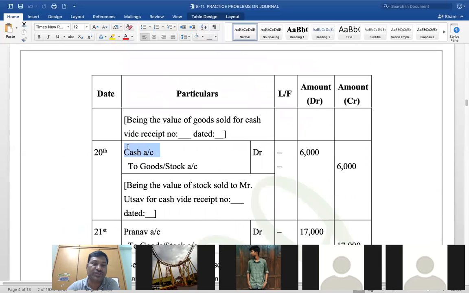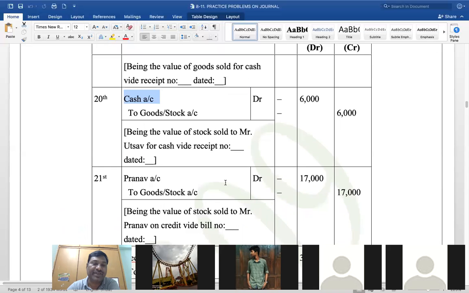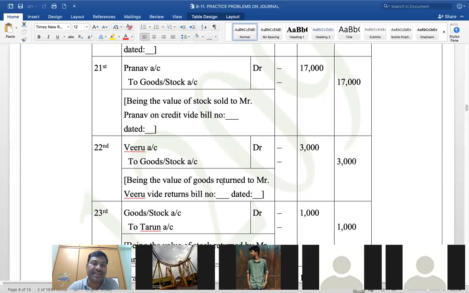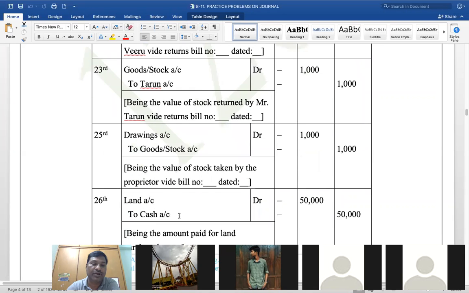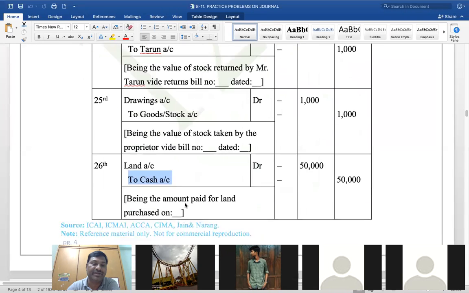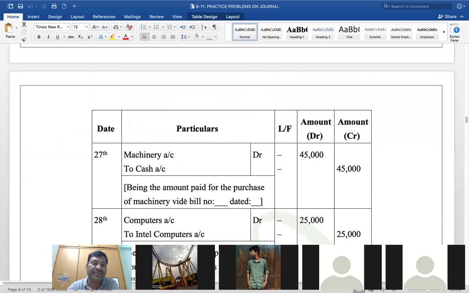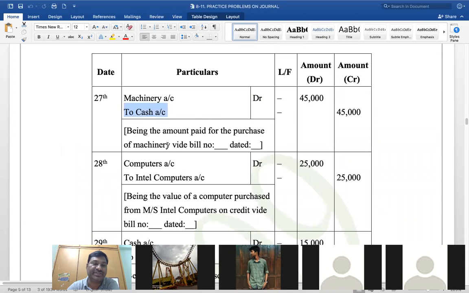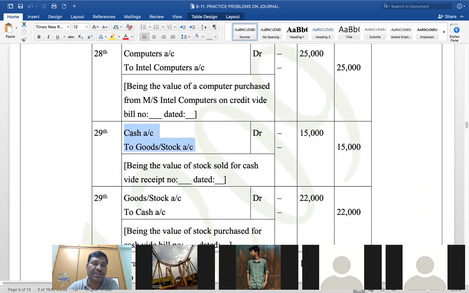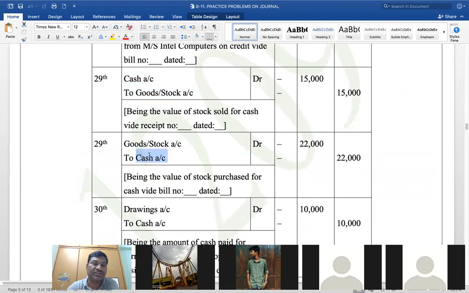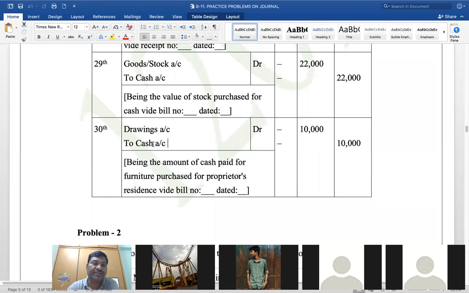And there's cash on 20th April. And there's a cash on 26th April. Now there's a cash on 27th, right? And there's a cash on 29th. There's cash on 29th again, and 30th also.